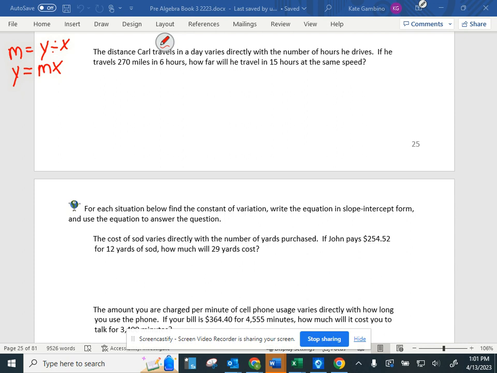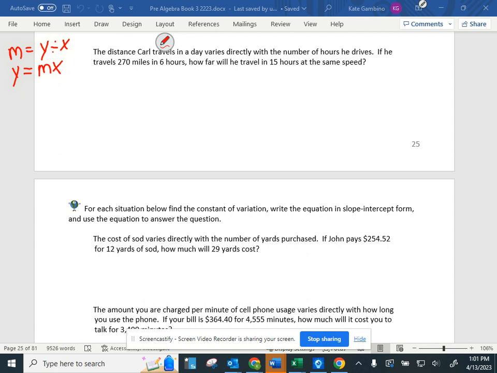What is the very first thing I want to do, Alexis? Figure out my x and y. And I'm going to write it on my problem so I remember which one's the x and which one's the y. So the distance Carl travels in a day varies directly with the number of hours he drives. What's my x and what's my y? Remember what I said?